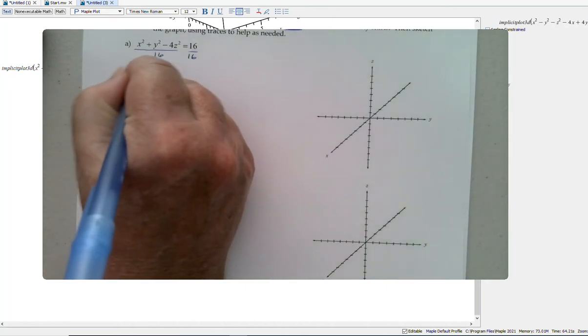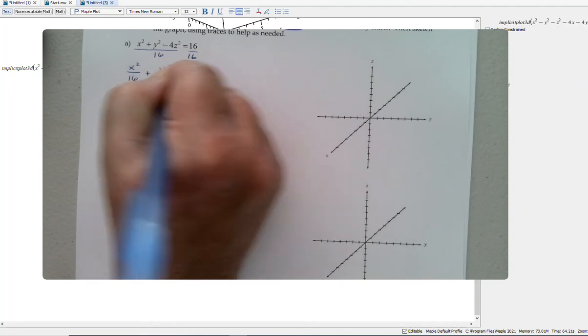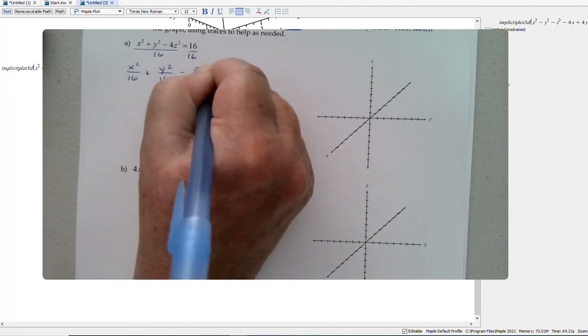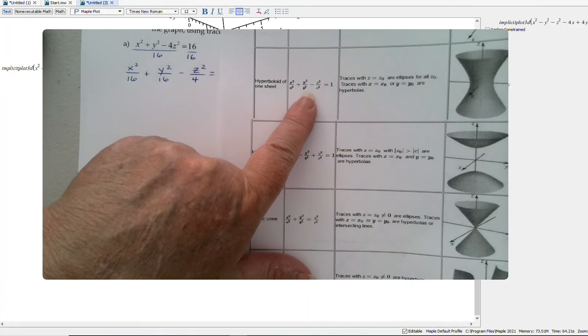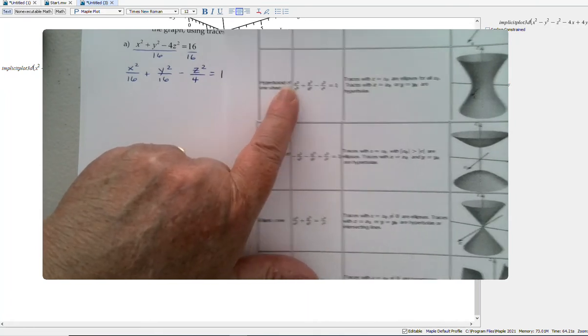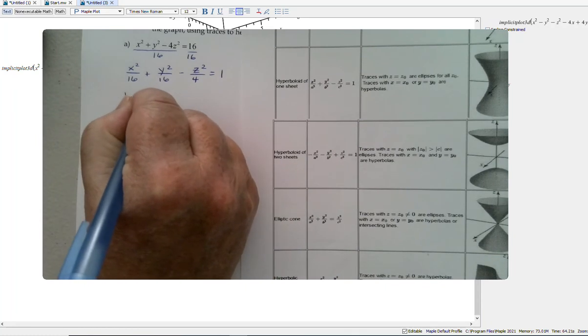So I'd have x squared over 16 plus y squared over 16 minus z squared over 4 equals 1. And now that's a perfect match for this hyperboloid of one sheet. So my name: hyperboloid of one sheet.